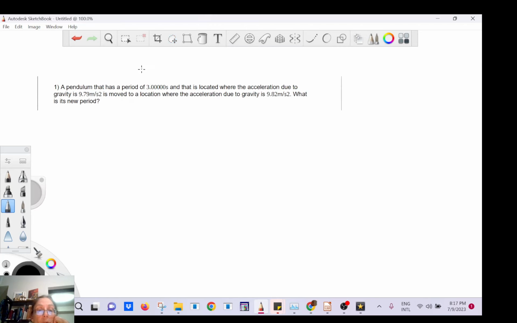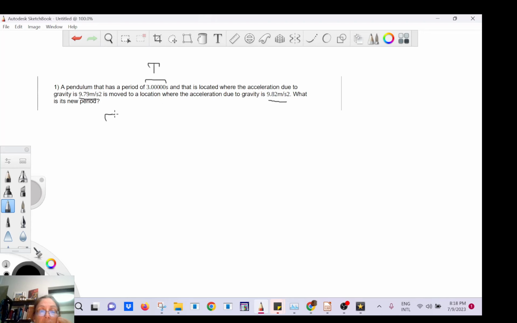So here you have the period and you have gravity. It's on a planet where g is 3.79, and you want to know what its new period is if you change gravity.